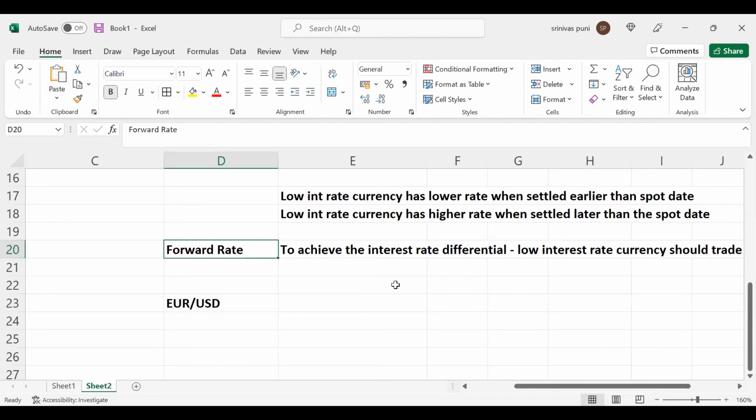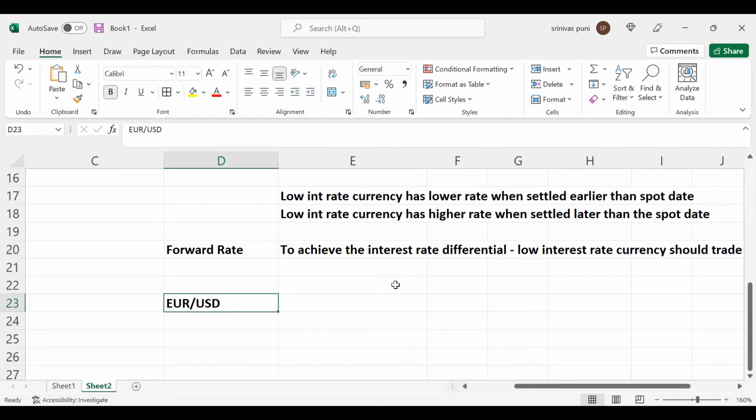If you want to buy a contract for settlement 1 month from now, actual settlement will happen at a particular rate, let's say 79.20. That 79.20 is a rate that you're locked in based on today's interest rate differential and whatever the market dynamics are. Based on the current spot rate and interest rate differential, the market has quoted your rate. But by the time your settlement happens that day, the actual market rate could be something else. So you might either lose or gain, right? That is always there. So keep that in mind. Very, very important.